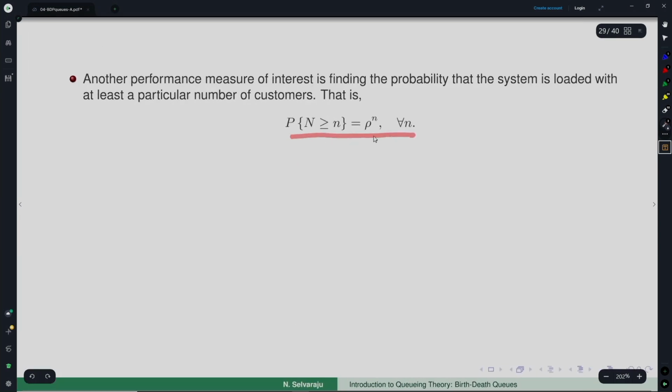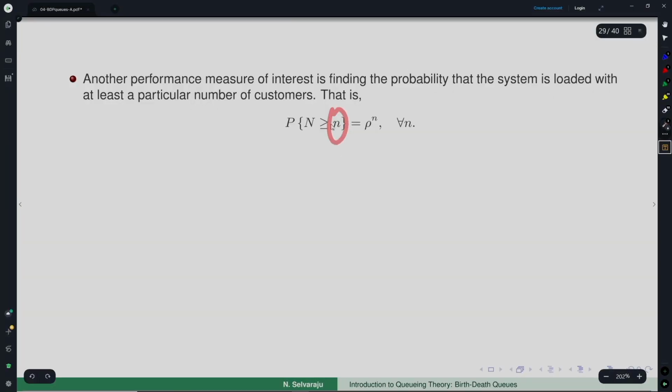So, if you are looking at the probability that at any given point of time in equilibrium the system will have at least 10 customers, at least 20 customers, so it is at least n customers, that means this probability is equal to rho to the n, which again you can obtain by summing the tail of this geometric distribution, from the geometric sum. So, this is not a very difficult one. You can do that, right.